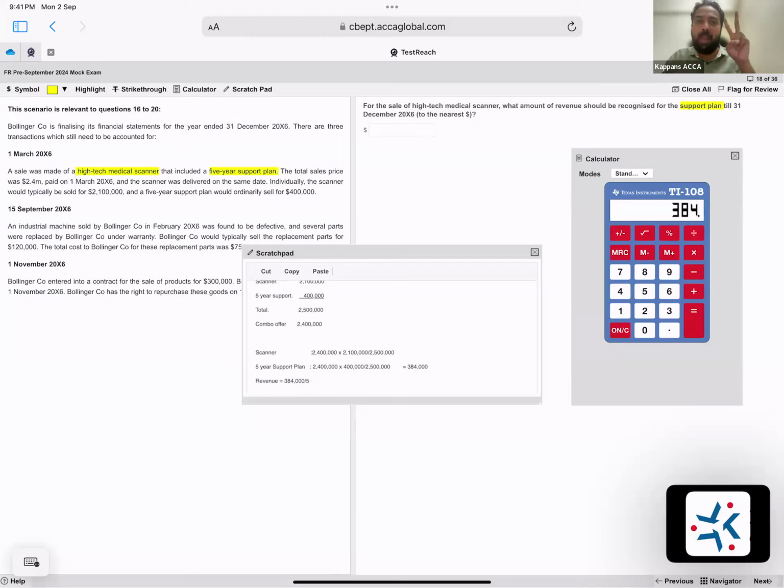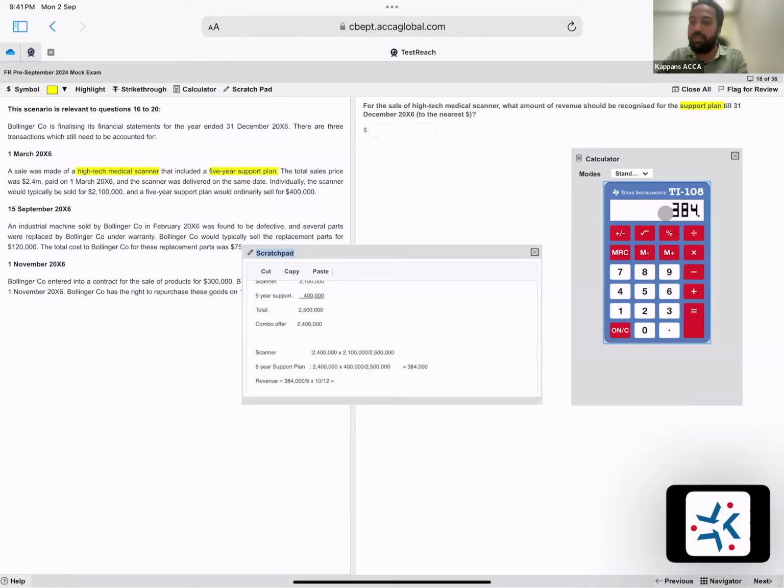So March, April, May, June, July, August, September, October, November, and December, 10 months, multiplied by 10 by 12.